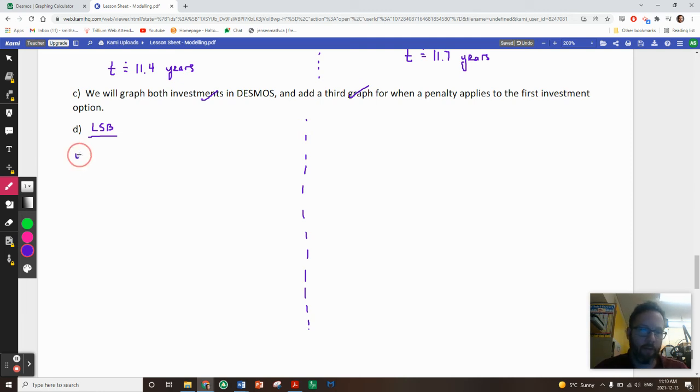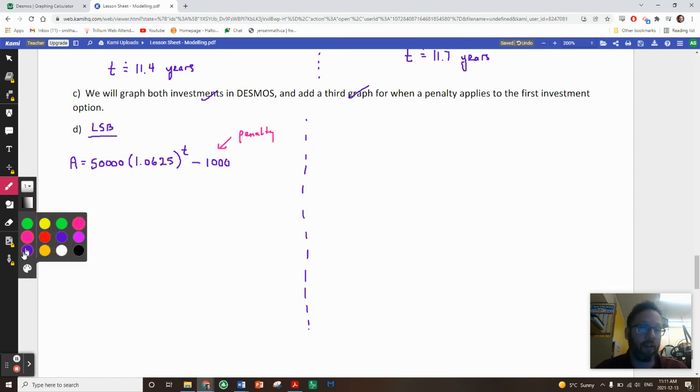I'm using Y. We're using A. We had 50,000 times 1.0625 to the power of t. But remember, with the penalty, since we're taking it out before, and graphically we saw this, we know it's before 10 years, we have to account for the penalty. And we're setting A equal to 80,000.